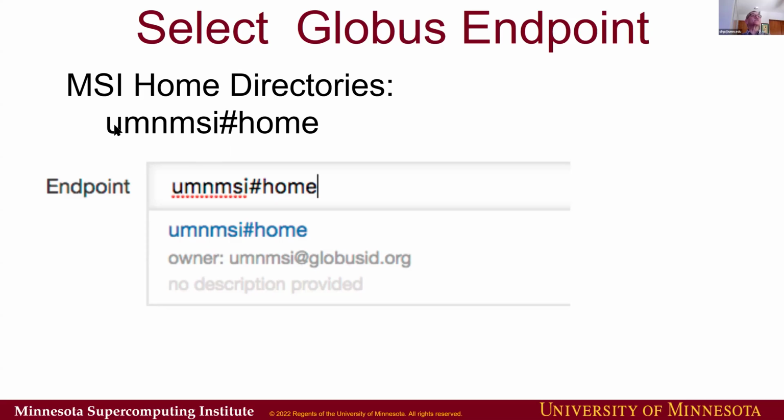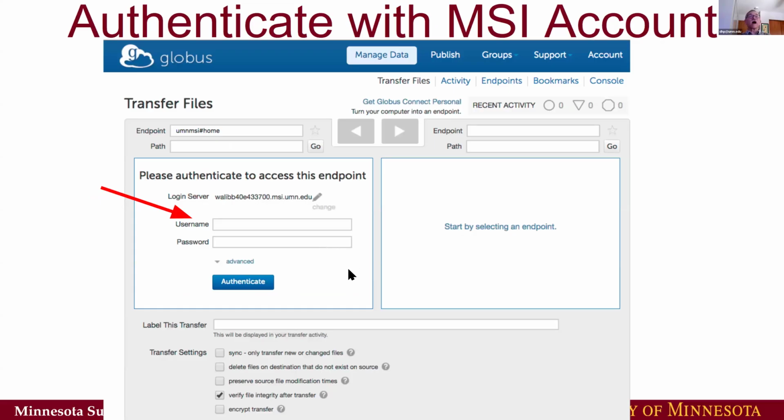Those endpoints for MSI will be UMN MSI, and then sharp home will be for your home directory. So if you were to enter that in, it will filter it down to just this one, and you can click on it. If you haven't done this in a while, it will bring you to, again, a Shibboleth page, which will give you another opportunity to enter your University of Minnesota login name and password.